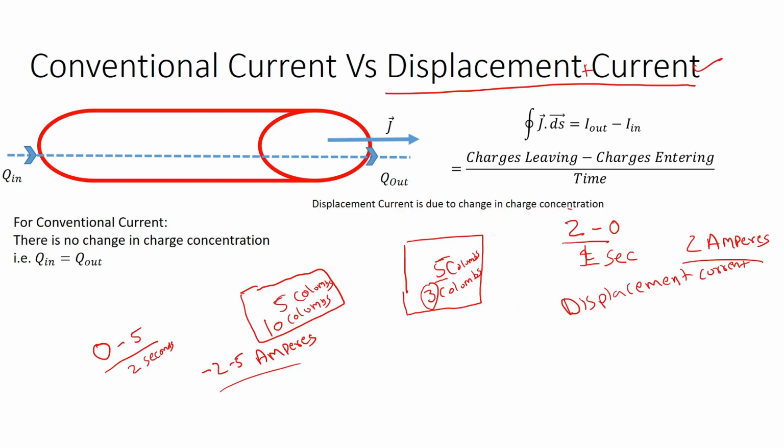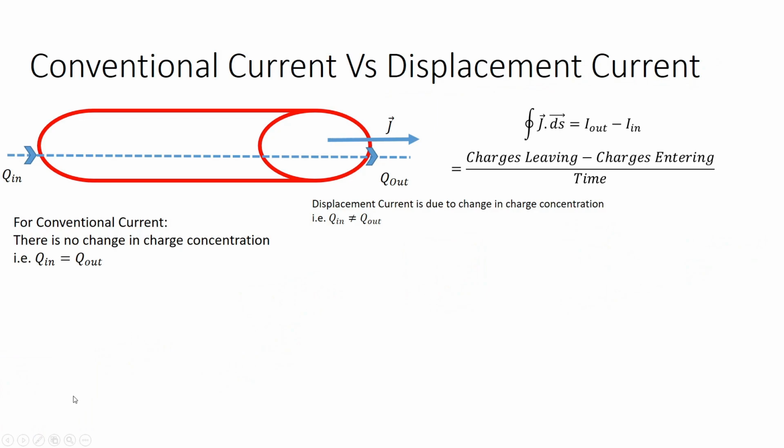Displacement current is due to the change in charge concentration. Therefore, the charges entering would not be the same as charges leaving. That is, dou rho v by dou t is not equal to 0.